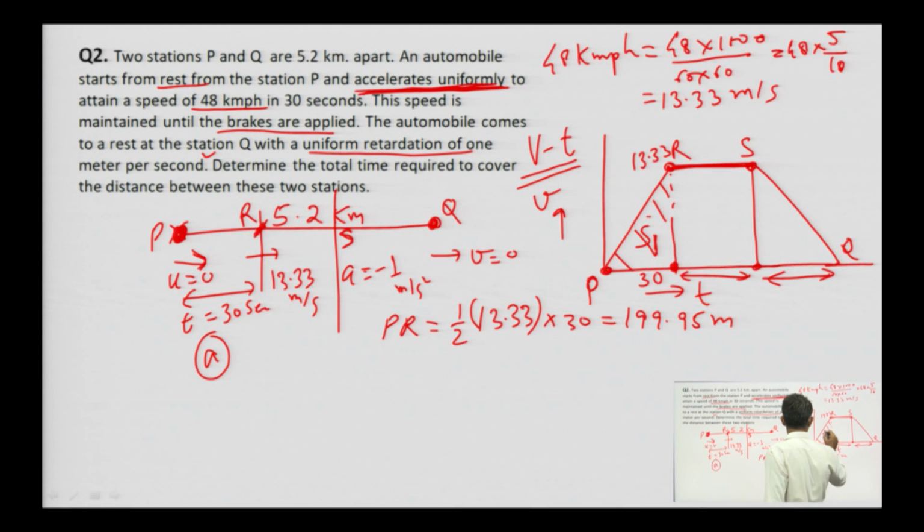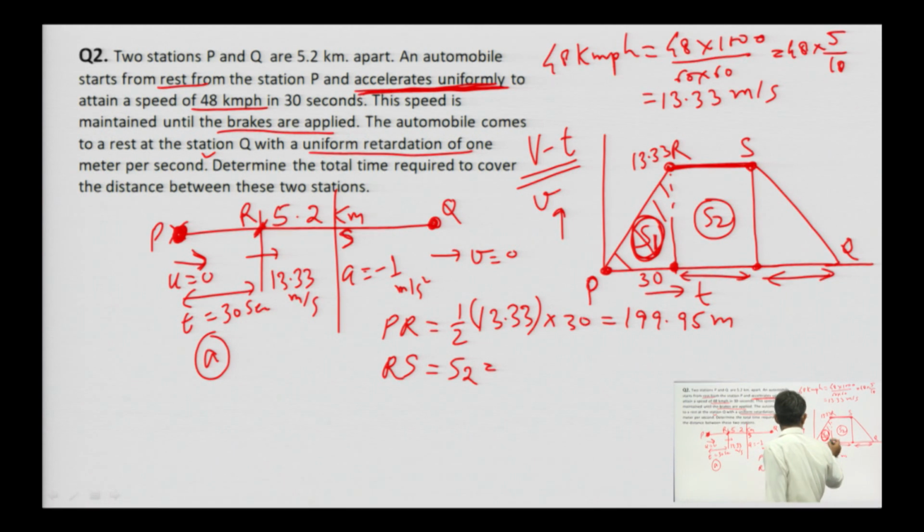Suppose this distance is S1, and this one, suppose this is S2, means RS distance, RS is equal to S2.